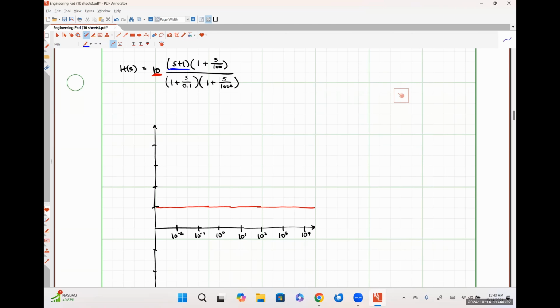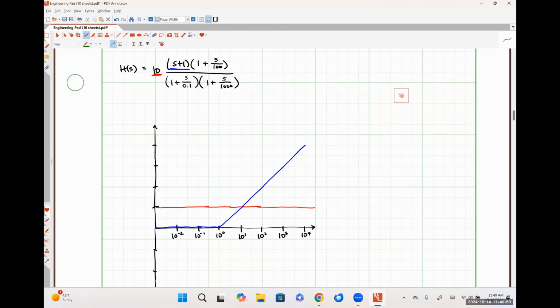That is a simple zero at s equal to 1, which means I'm going to have a flat line here up until I hit s equal to 1, or 10 to the 0. And then I'm going to increase at 20 dB per decade, like so.